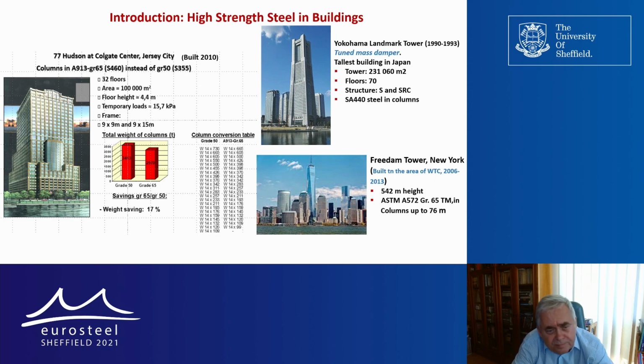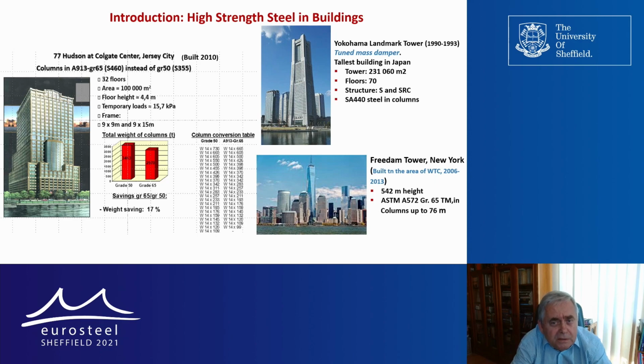It had the same effect, applying the 460 grade in place of 355, for instance. In this case, the saving, again, by replacing the steel in the columns, was 17%.